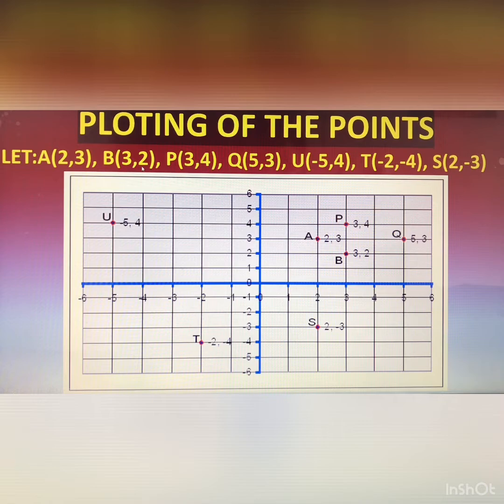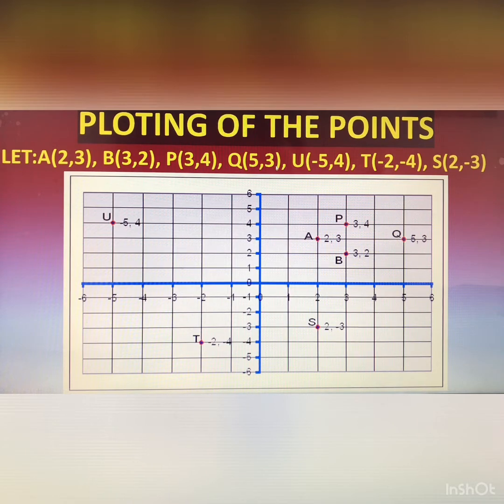And point B is 3 comma 2. Once again all are positive, which means this point lies in the first quadrant. Now this is the point P. You can see the abscissa is 3, so you can see on the x-axis, this is 3. Then you go up and stop at 4 because the ordinate is 4. So this is the point P. Now the next one is Q, which is 5 comma 3.